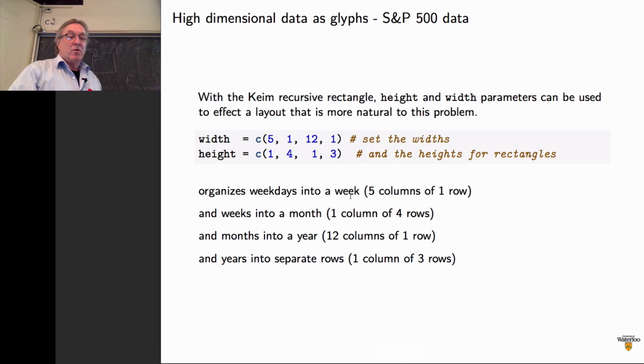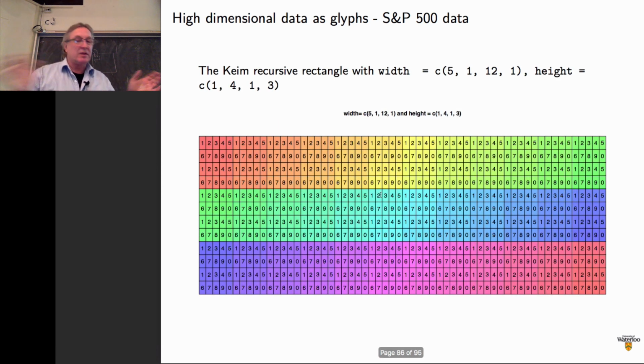So the first bit, I'm going to organize 5 columns of one row. That's a week. Once I've got a week, I want to organize those into one column of 4 rows. That's a month, more or less. Once I've got those, I want to take that month and put them in 12 columns in one row. And then I'm going to have 3 rows for the 3 years that we're looking at. So this Kime thing allows me to dial this up so it kind of makes sense, and to lay out like that.